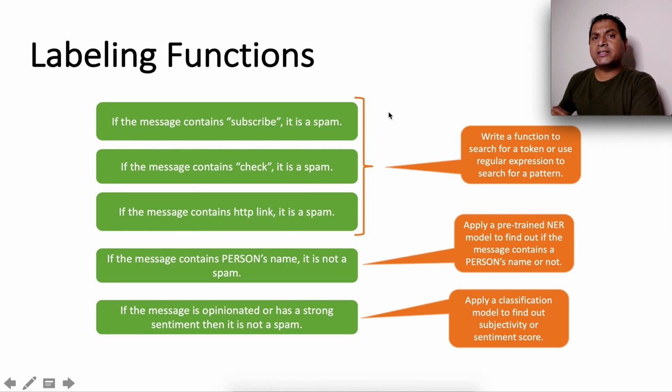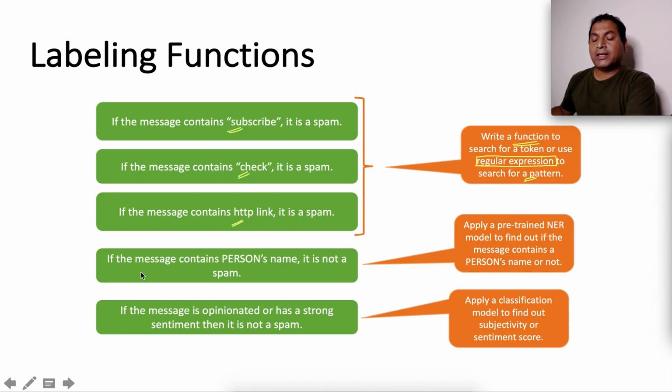So how do we create these labeling functions? We can create them using a simple programming approach. Let's say there is a heuristic which says if the message contains a word like subscribe or check or an HTTP link, it is a spam message. You can write a small function which uses regular expressions to search for a particular pattern in the message and then say it may be spam or not spam based on the pattern found.